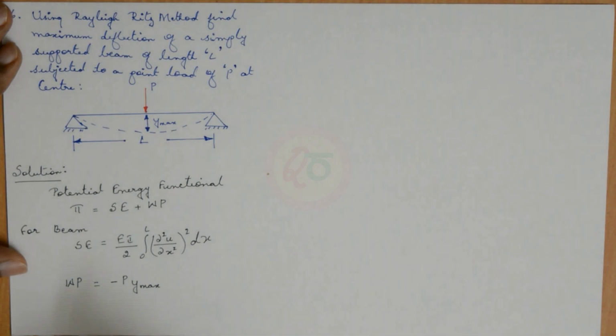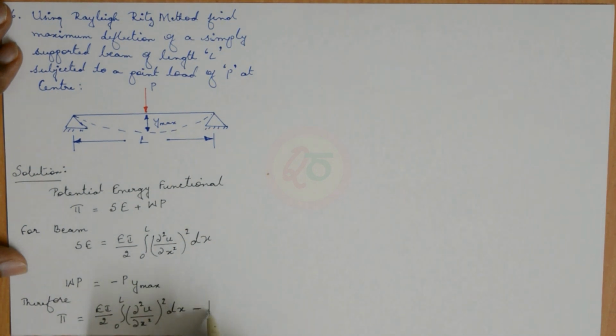Therefore, phi will be equal to EI by 2 integral 0 to L of dou square u by dou x square whole square dx minus P Y max.